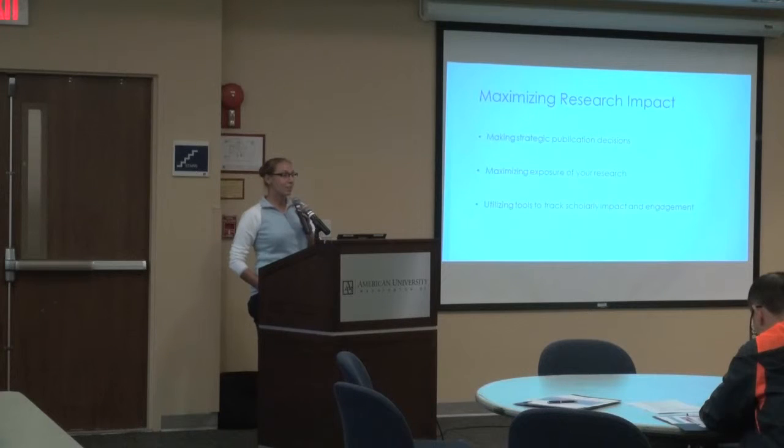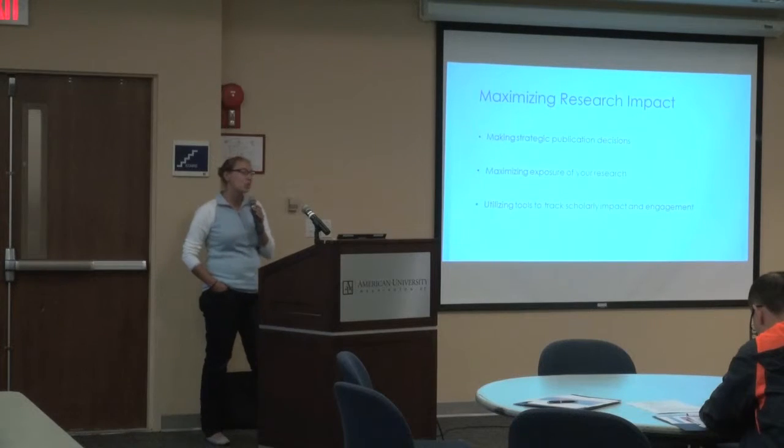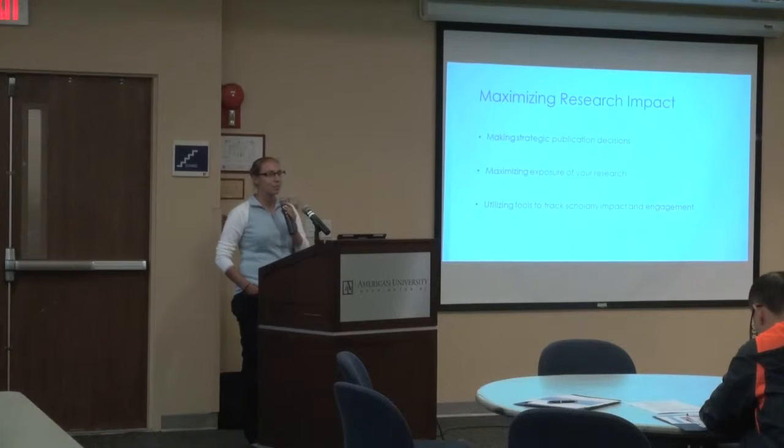So if this doesn't apply to you, don't worry, there is still help available. Anyway, so making strategic decisions on where to publish, getting your research out there so that other scholars are reading and discovering it, and then tracking your metrics so that you can make a compelling case when it's time to go up for tenure, promotion, to apply for grants, all of those fun things.